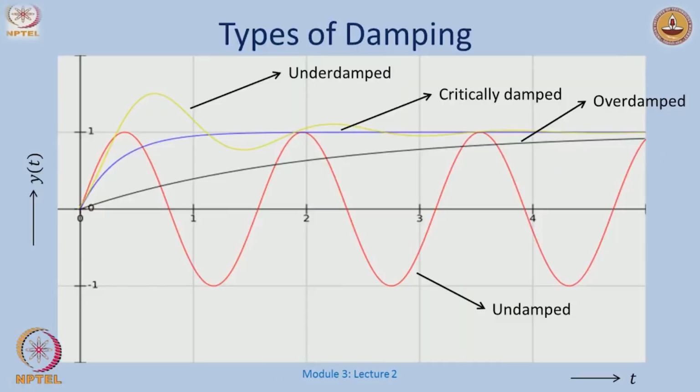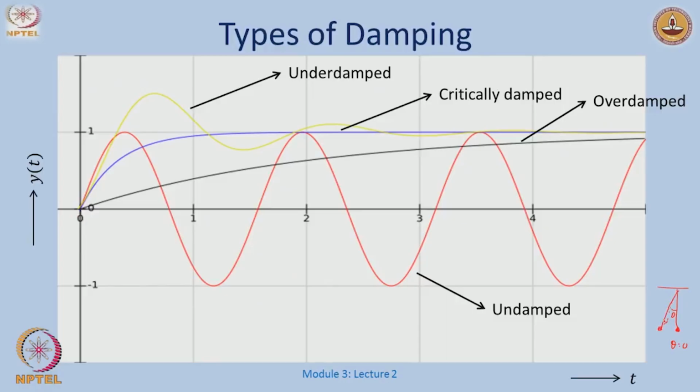Okay. So, in a typical response, the red color here would be an undamped system. Let me explain with the simple pendulum example. This is my theta equal to 0 position, and say I have an initial condition starting at some theta, say 15 degrees. I am starting here.